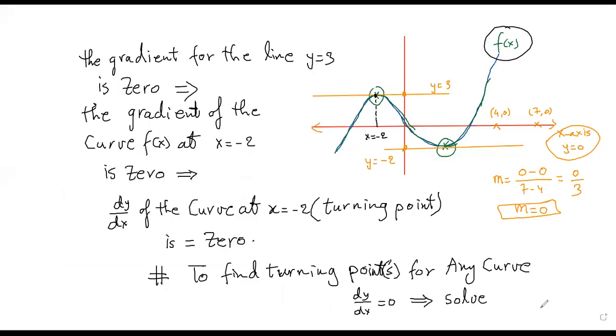Now, if I have this curve, x-axis, y-axis, and if I have a quadratic function just like that, that point is called an extreme maximum, and this point is called an extreme minimum.